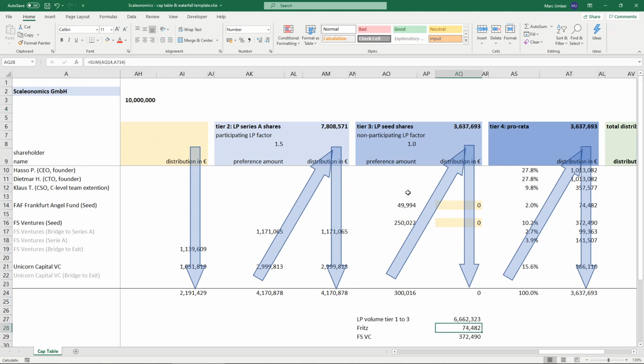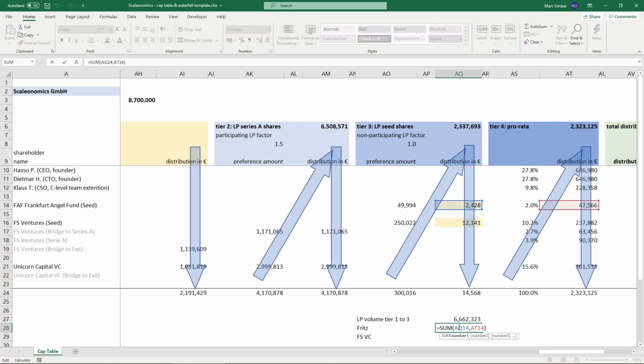So for any shareholder who holds a non-participating liquidation preference, there will be a plateau where this shareholder will receive the same amount of money, be it, in this case, exit proceeds in the amount of 6.7 million or 8.7 million.